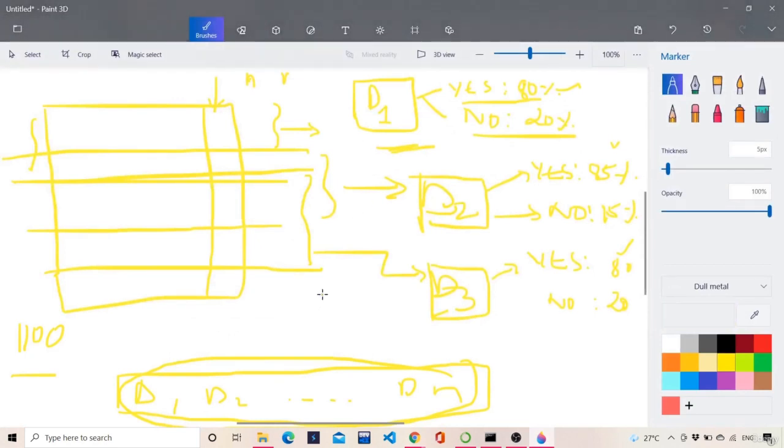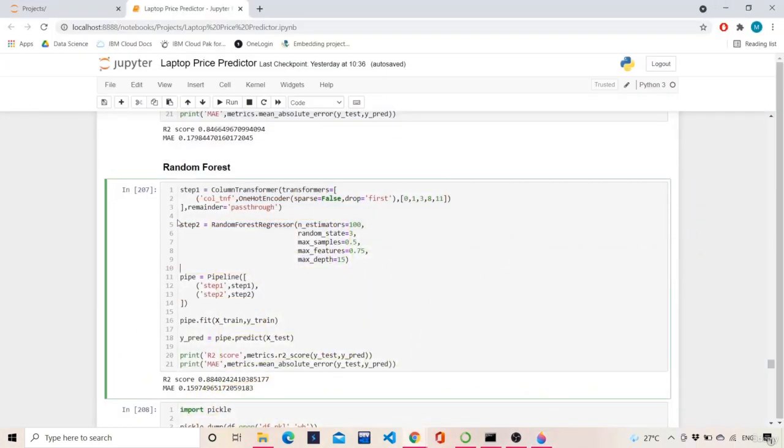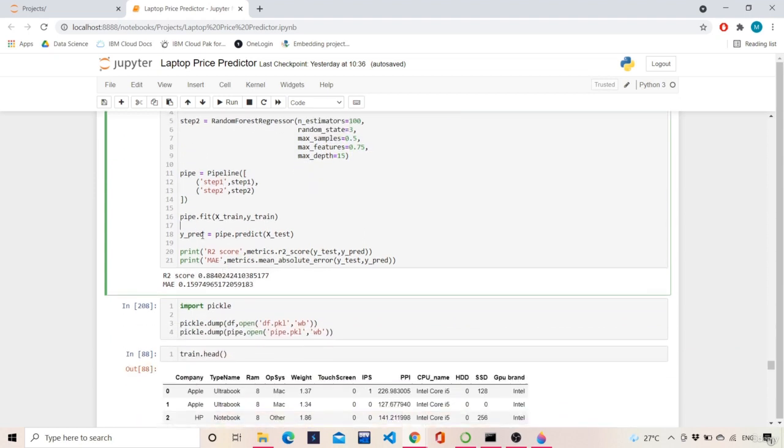Max samples and max features are analogous to each other. That means in a decision tree, in order to save the branching cost, we will be selecting only a limited set of features. That is the meaning of max features. So this is my random forest regressor, which I declared as this class object, which is nothing but step 2, and then the same pipeline, then pipeline.fit, then pipeline.predict, and then metrics and R2 score.